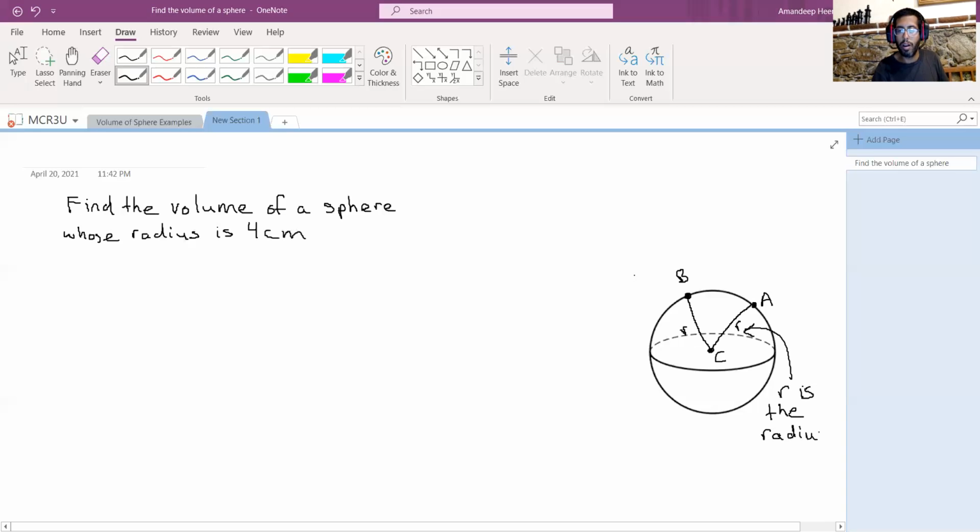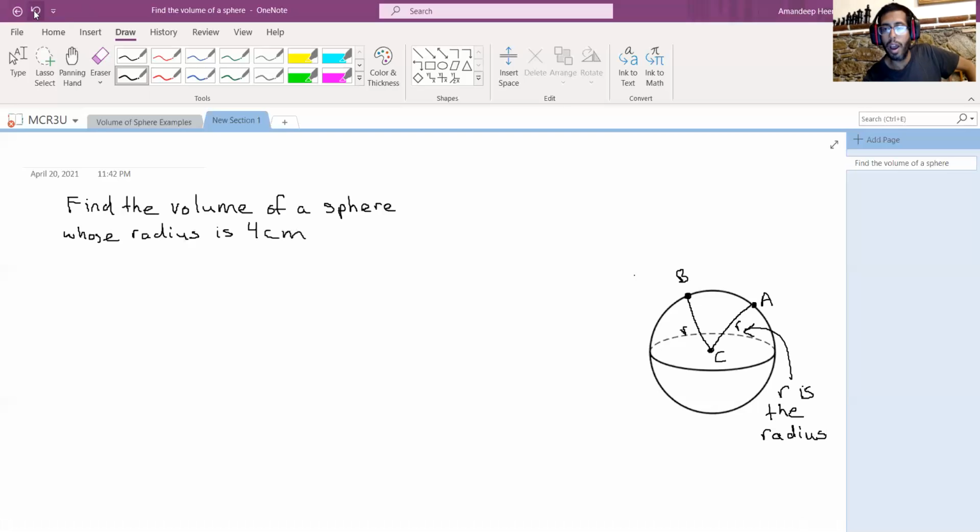What's so special about the sphere is that the distance from the center to any point on the surface of the sphere is always the same. I hope that this makes sense.